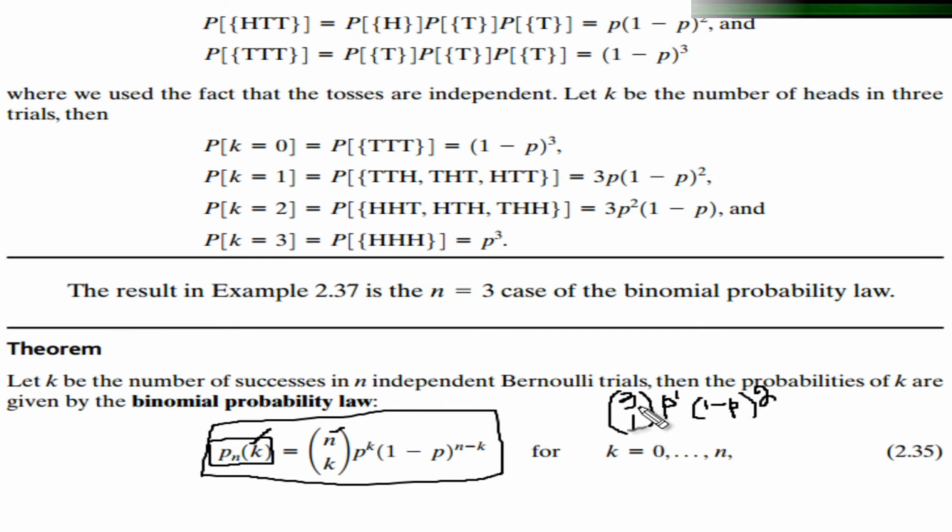What is 3 choose 1? 3 choose 1 is 3 factorial divided by 3 minus 1 whole factorial, multiplied by 1 factorial. This is p again, and 1 minus p squared again.